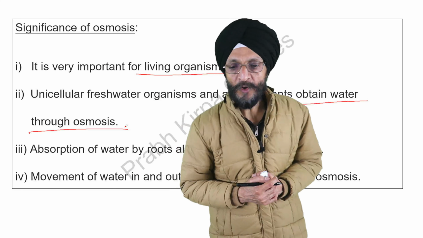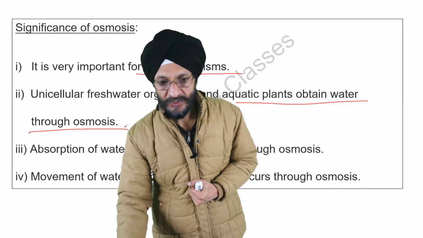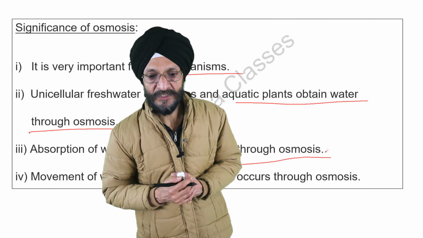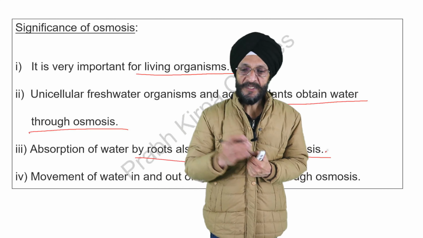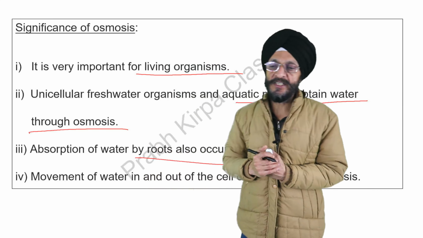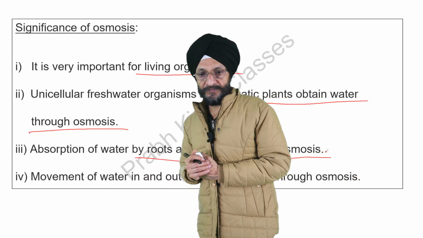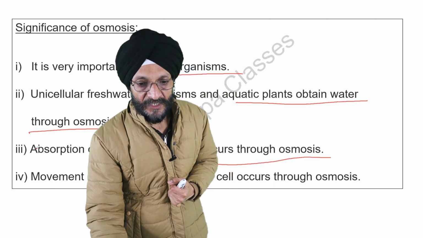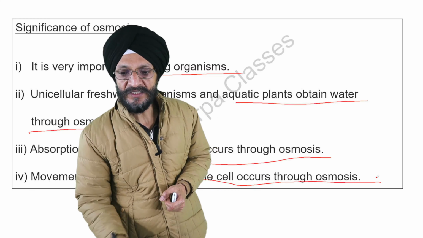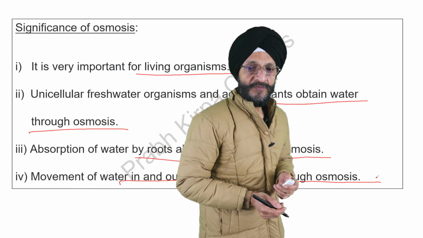Next, absorption of water by roots also occurs through osmosis. It means that the plants take up water through their roots by the process of osmosis. Next, movement of water in and out of the cell occurs through the process of osmosis.